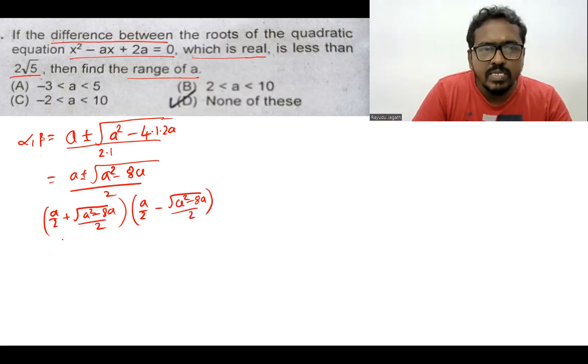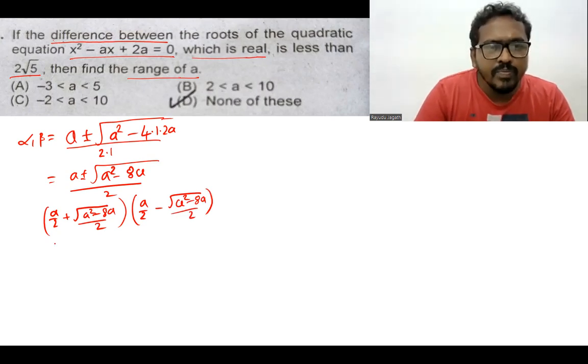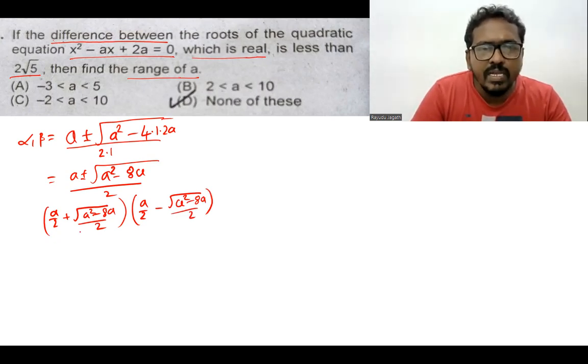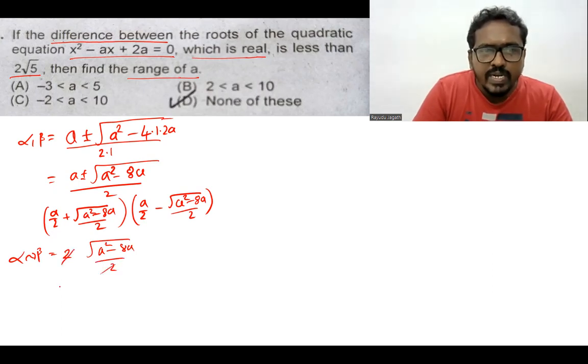So these are in the form of alpha by 2 plus k and alpha by 2 minus k. The difference of alpha and beta will be 2k. So the difference will be 2 into root of a square minus 8a by 2. The 2 gets cancelled. The difference itself is root of a square minus 8a.